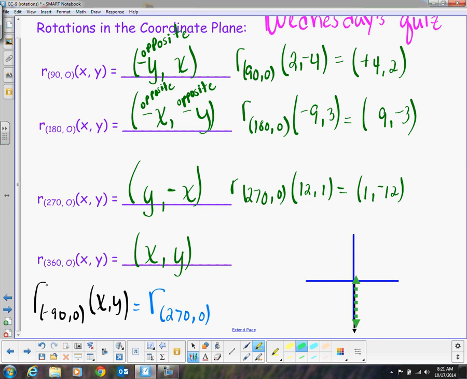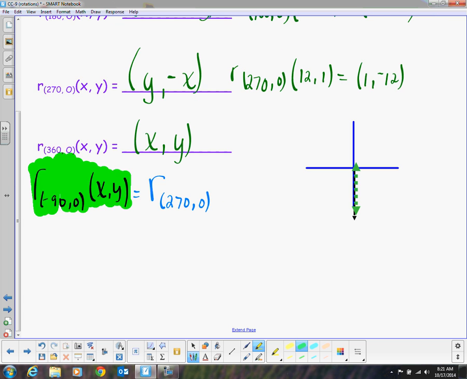So on the quiz, I will give you this, and you will give me the blue. Wait, what? How's that even true, though? What, I just showed you. Let me do it again. Black is going to be my negative 90. Negative means we go down. I rotated down 90 degrees. Agreed?